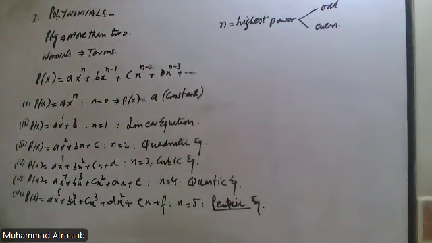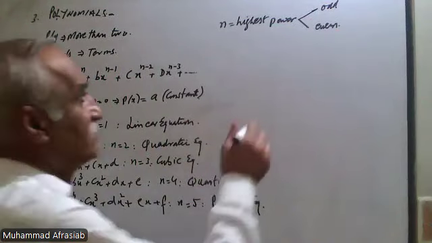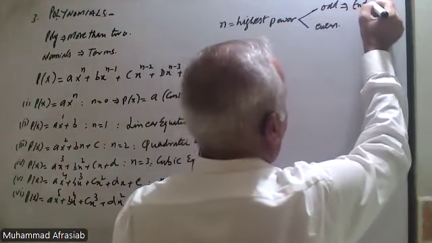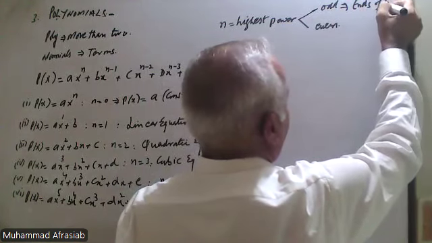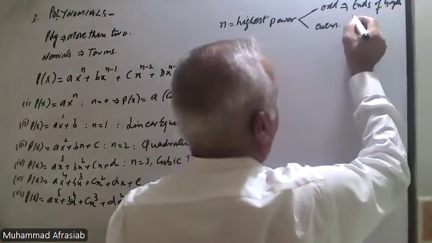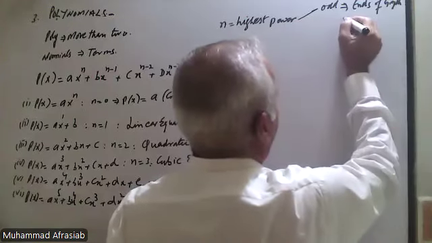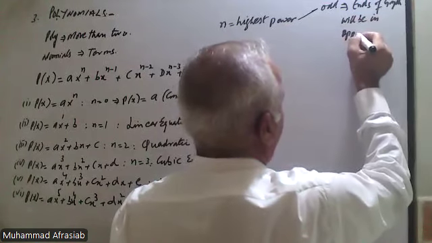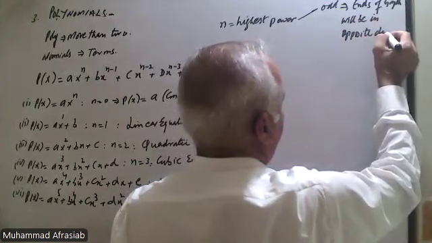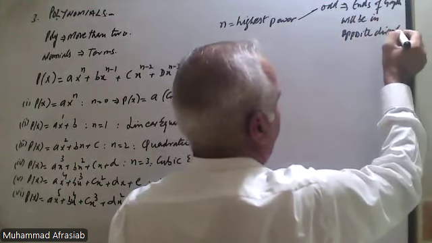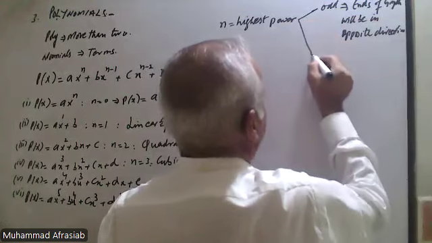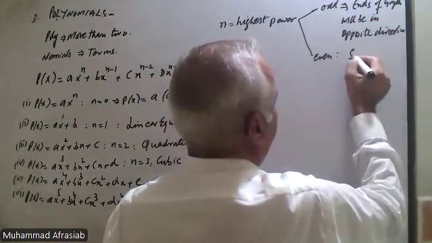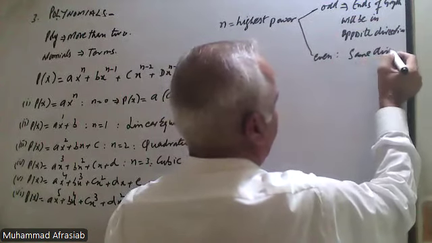If the highest power is an odd number, then the ends of the graph will be in opposite directions. We will explain it later on. And if n is an even number, then the ends of the graph will be in the same direction.